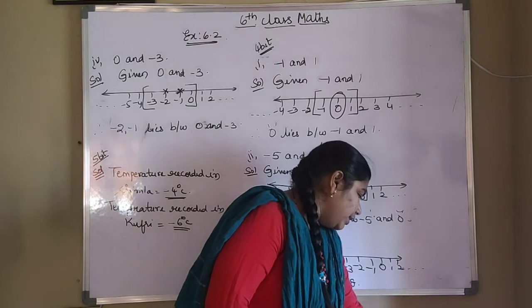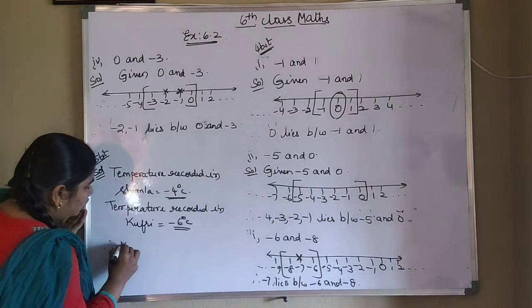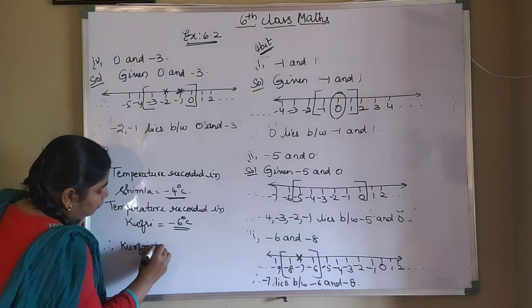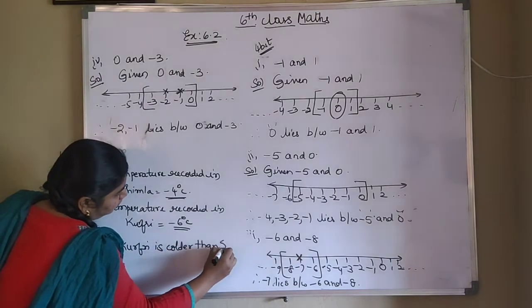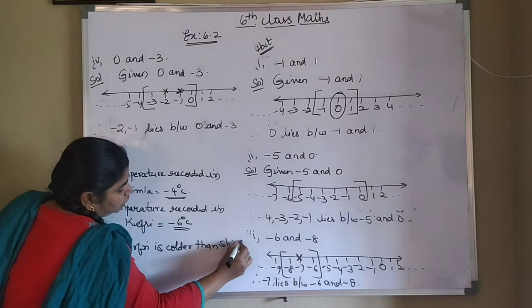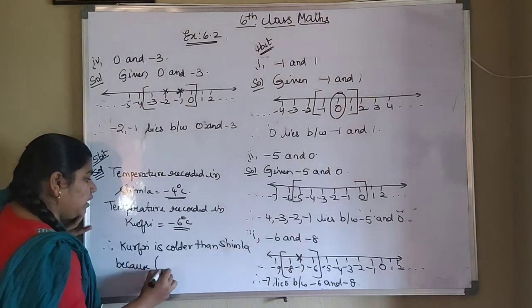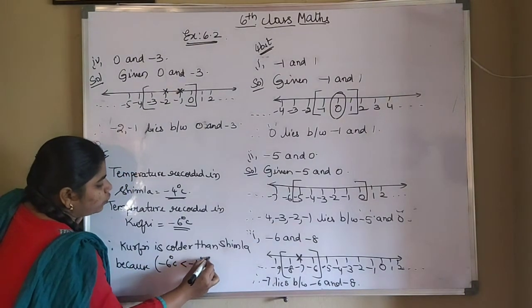So what you will write here? Kufri is colder than Shimla because -6 degrees Celsius is less than -4 degrees Celsius.